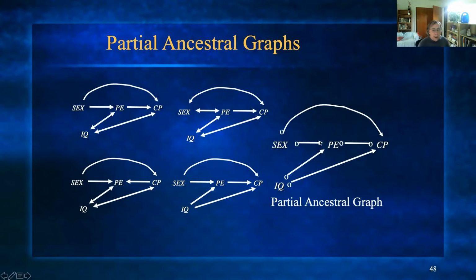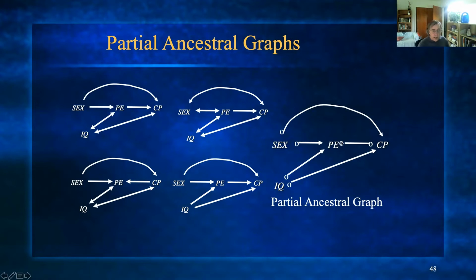Everywhere that the MAGs all agree on whether or not there's an arrowhead, which would be here, sex, PE, and IQ collide as an unshielded collider, and we would see that it is still an unshielded collider in the partial ancestral graph.